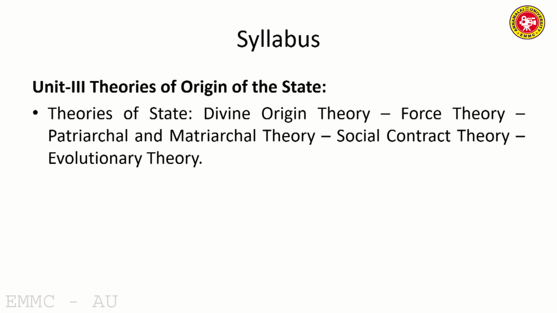Then social contract theory, that is a famous one. Everybody is aware of Hobbes, Locke and Rousseau. These three thinkers played a significant role in social contract theory. You would be aware that natural law and political law were generated with the help of social contract theory.